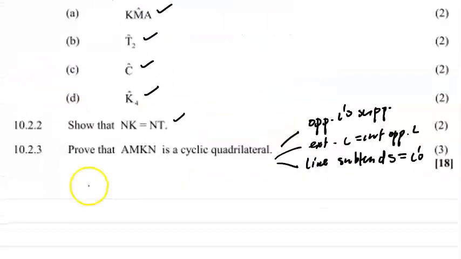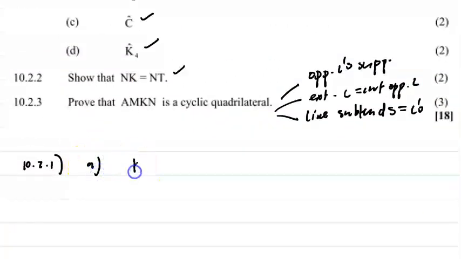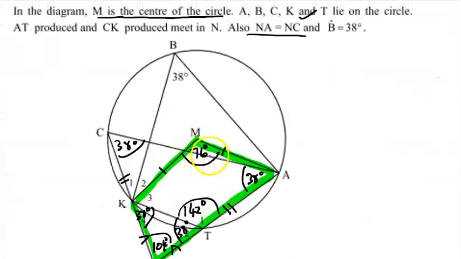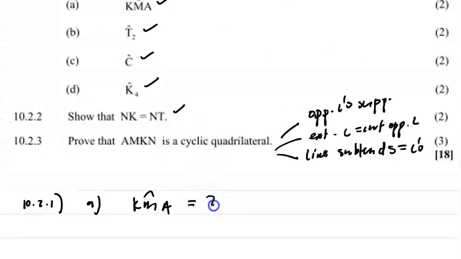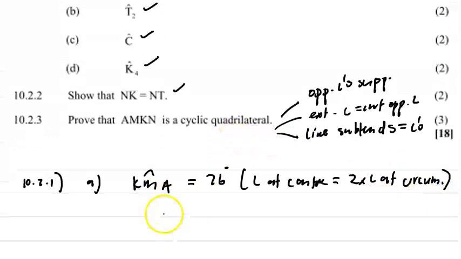So 10.2.1, KMA equals 76 degrees, angle at center equals 2 times angle at circumference.